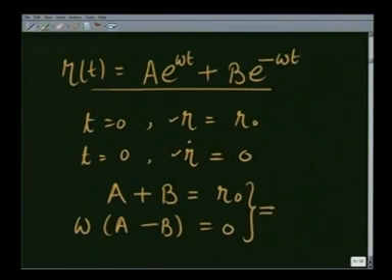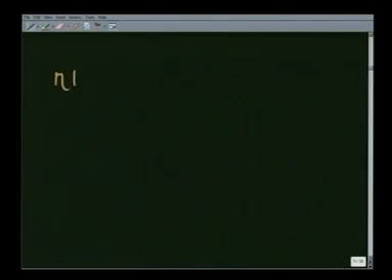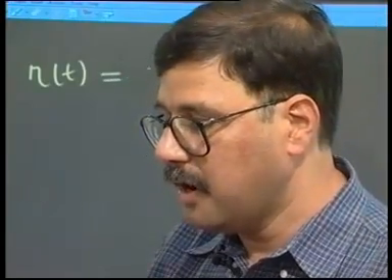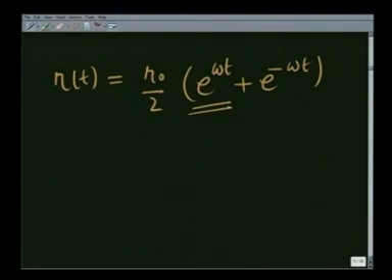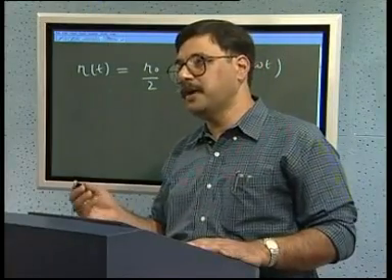These two equations give me a equal to r 0 over 2 and b equal to r 0 over 2. Therefore, the solution r of t for a particle on a wire rotating at a constant angular speed, started from a distance r equal to r 0 with no initial radial speed, is r 0 divided by 2 times e raised to omega t plus e raised to minus omega t. You can see r increases exponentially, r increases very fast with time.